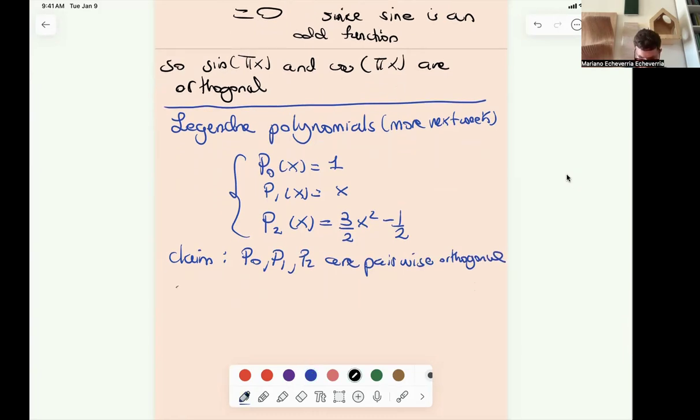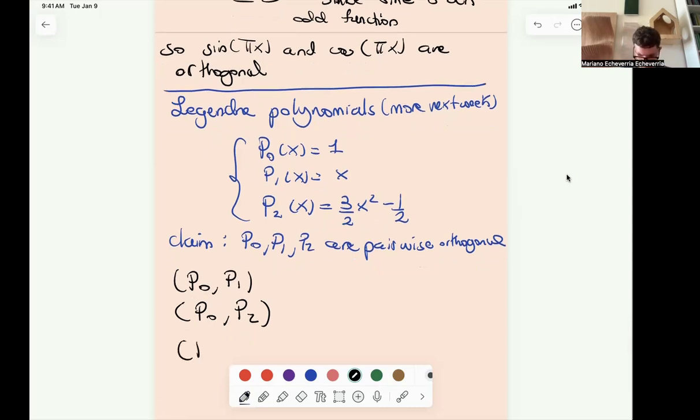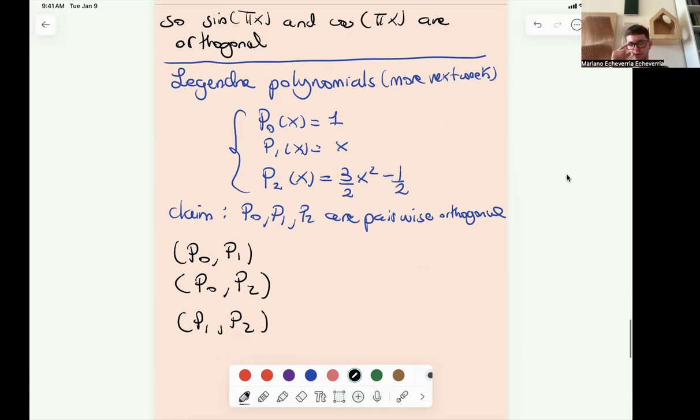That means that if you do P0 with P1, P0 with P2, and P1 and P2, their inner products, which you should think of as a proxy for the dot product, should all come out to be zero. They're easy enough to work out, they don't take much time because polynomials are simple enough. So P0 times P1 is 1 times x. So you're integrating from -1 to 1.